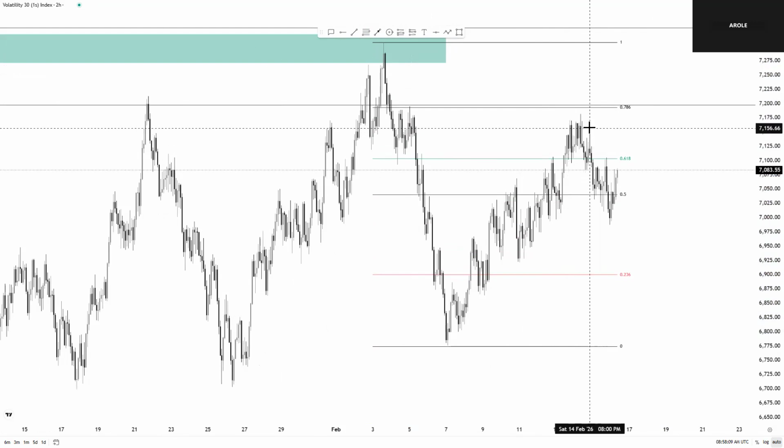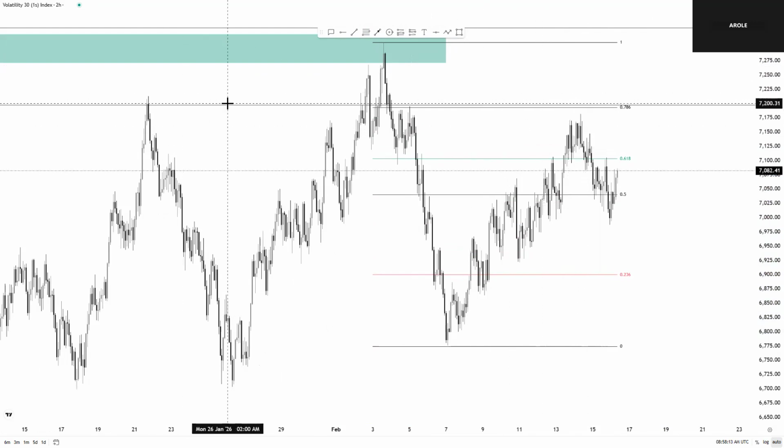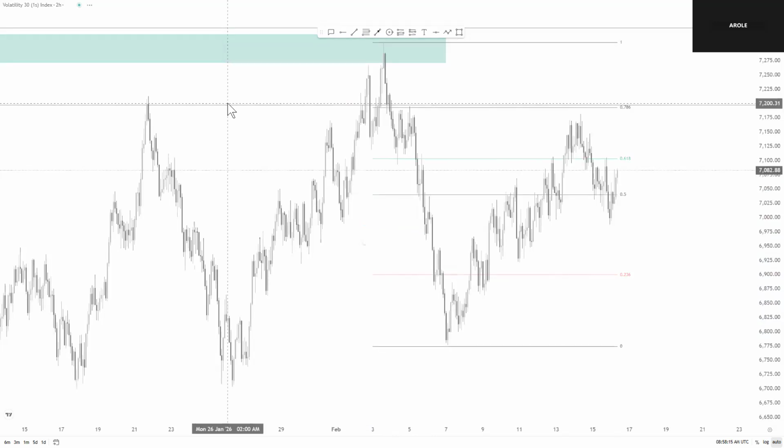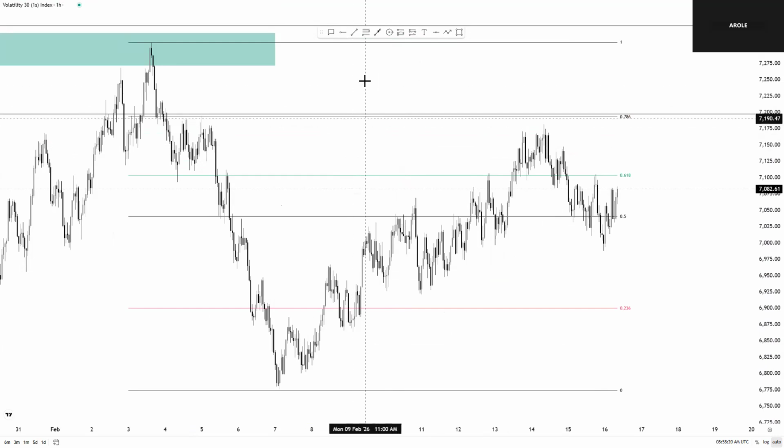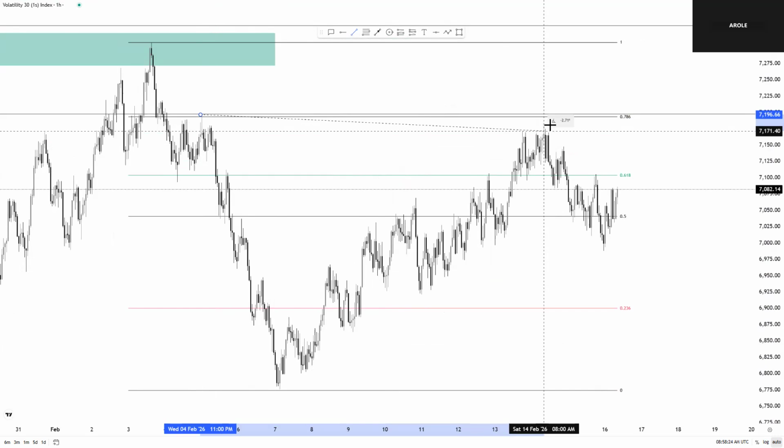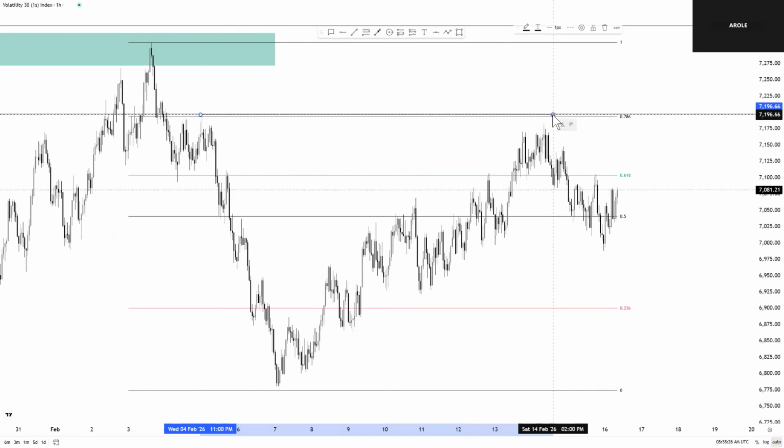So when I spotted this area, what did I want to go check? So I went over to my lower time frame. I think it was 1 hour or 30 minutes time frame. I was able to spot something around this zone. So what did I spot? I spotted this protected high.